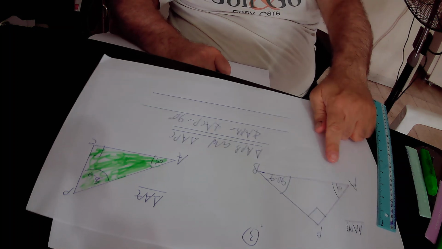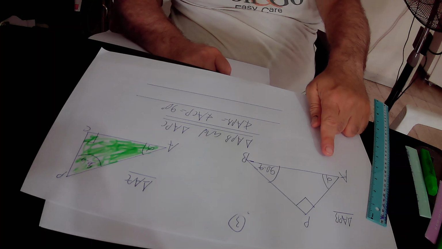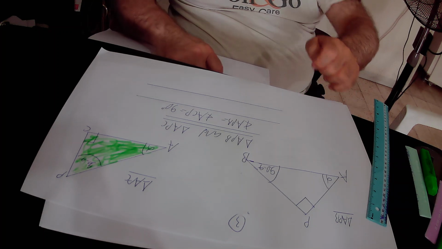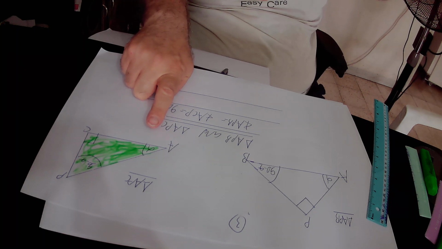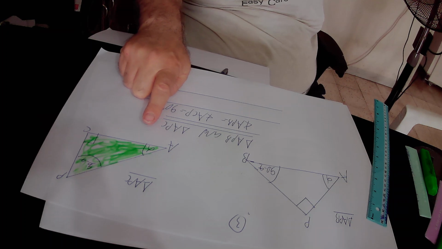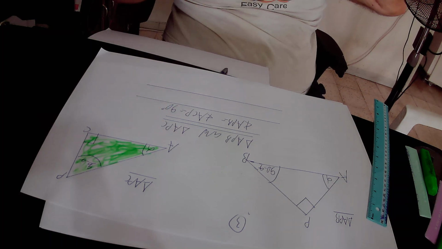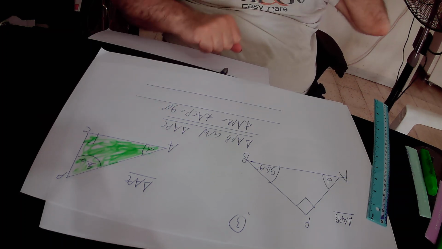In addition, this is angle alpha, that is a common angle, it belongs to both triangles. We have here angle alpha in this green triangle also. So we can write down that angle alpha equals itself as a common angle that belongs to both triangles.